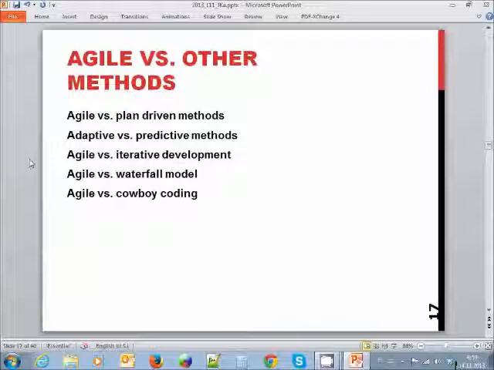Cowboy coding means that we fill up our organization with people who are superstars or rock stars or whatever, and we give them freedom to work as independent fighters, so that they can do whatever they want to, design things however they want to, code things however they want to, and hope that they come up with the final product.